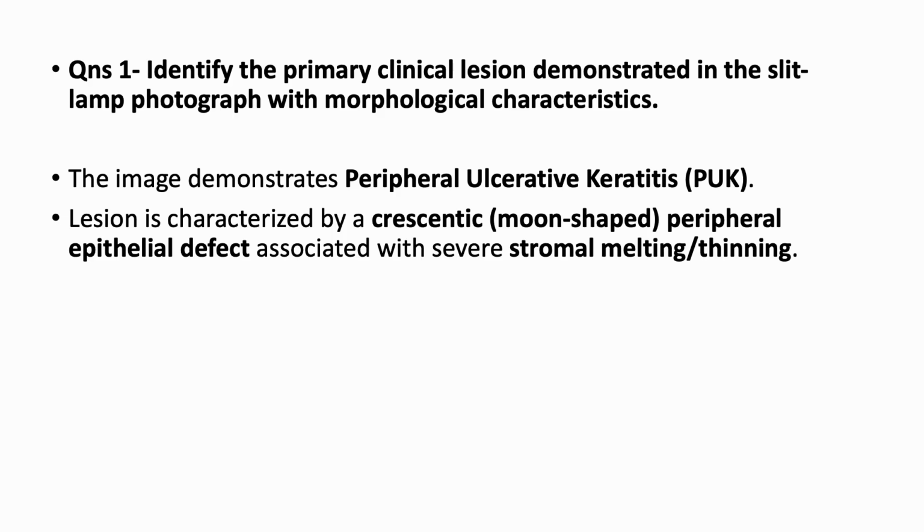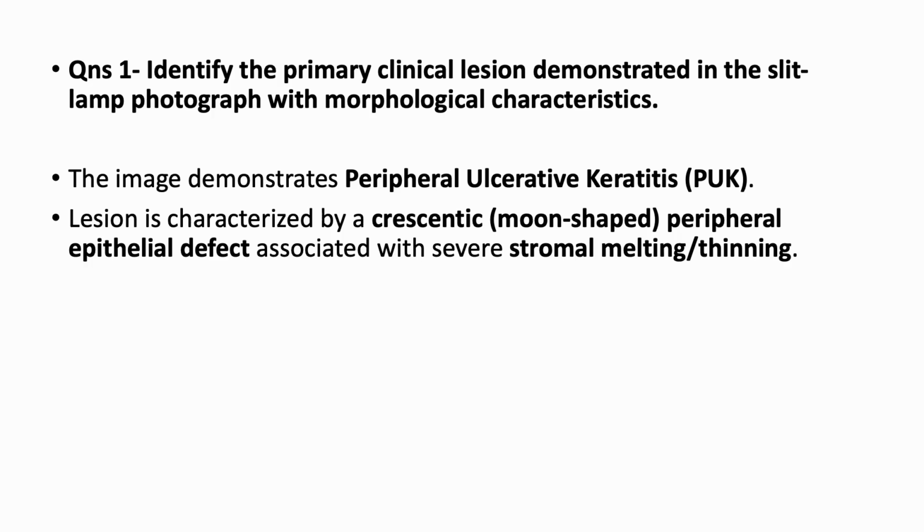Now let us see what questions have been asked, and we'll try to answer each one by one. So the first question is, identify the primary clinical lesion with morphological characteristics. The image demonstrates peripheral ulcerative keratitis, that is PUK. The morphological characteristic is a crescentic or moon-shaped peripheral corneal ulcer.